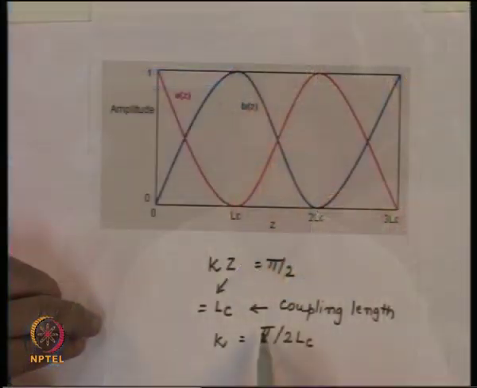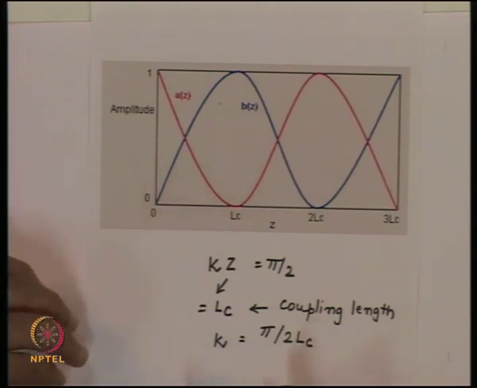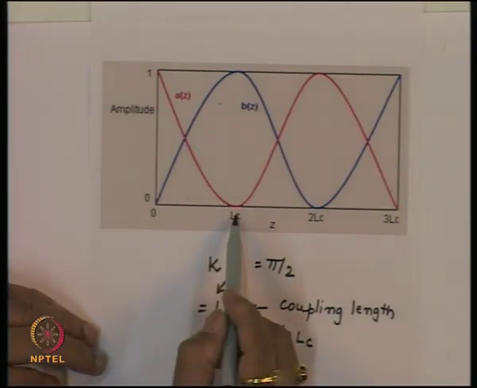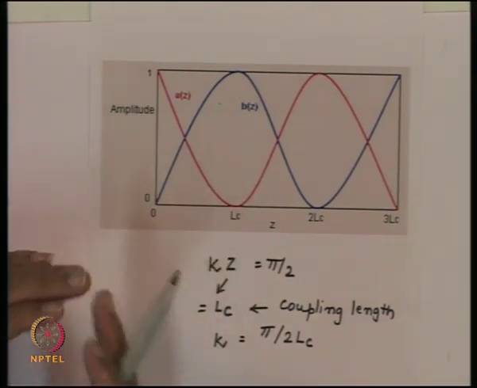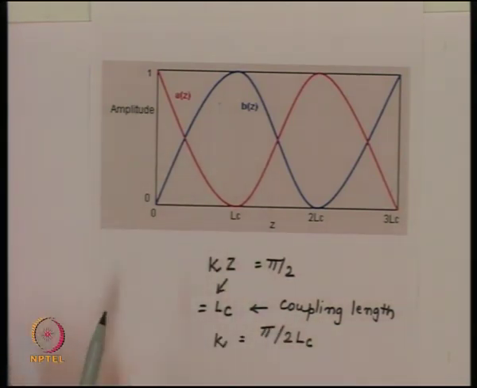But the important thing to note here is that no matter how small the coupling coefficient is, if the waveguides are permitted to interact with each other, there will always be a length over which the entire power will get shifted to the second waveguide. So the characteristic parameter for the directional coupler is the coupling length, and that is the length where the power completely shifts from one waveguide to the second waveguide.